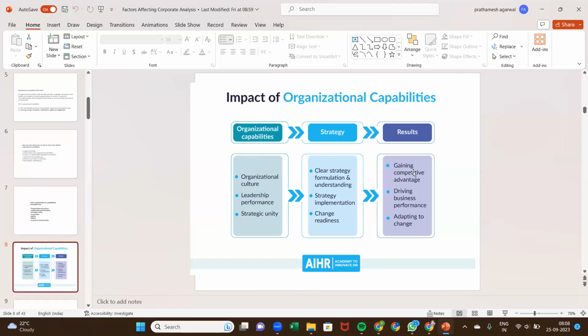We always talk about competitive advantage, or we can say what competitive edge we have over our other competitors, then driving business performance and adapting to change. So we have the organizational capabilities, then we are formulating the strategy, and this is the result.